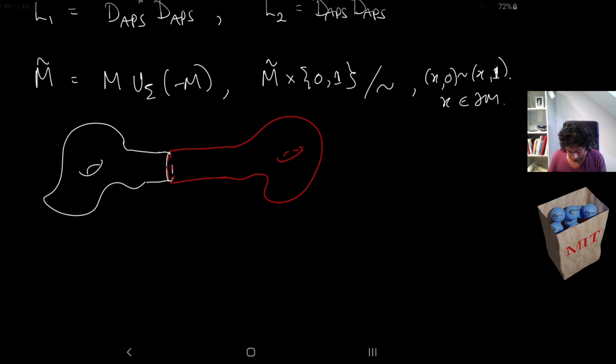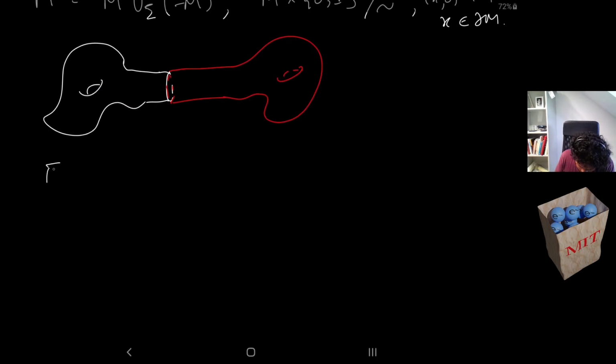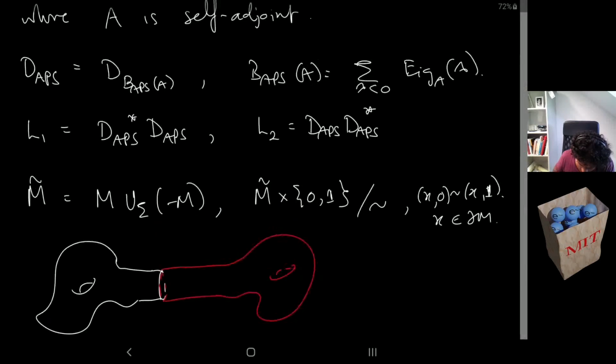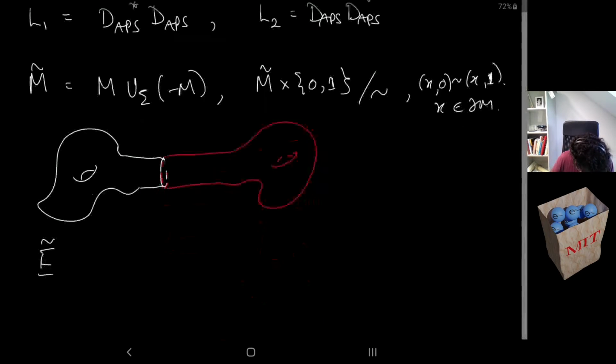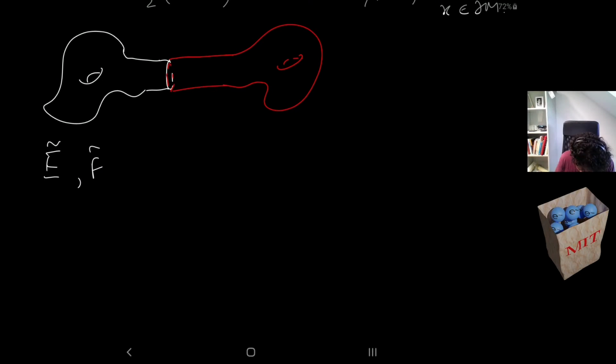And the point is that now we have an induced bundle E tilde. D maps from E to F, so we have E tilde, F tilde, which are the doubled bundles, and we have an induced D tilde. The main point here is that this D tilde is smooth across the boundary because it's a product. When we double it, the coefficients remain smooth.